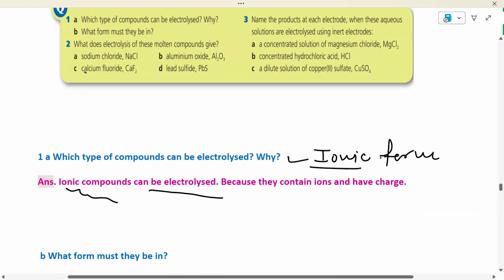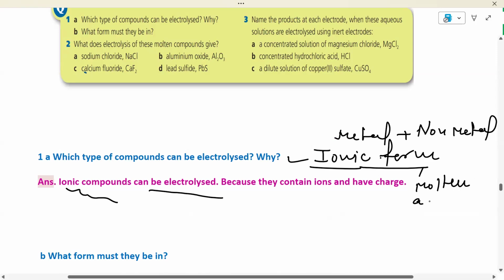An ionic compound is a compound that is formed by the transfer of electrons between a metal and a non-metal. One more thing, these compounds should be in molten or aqueous form.